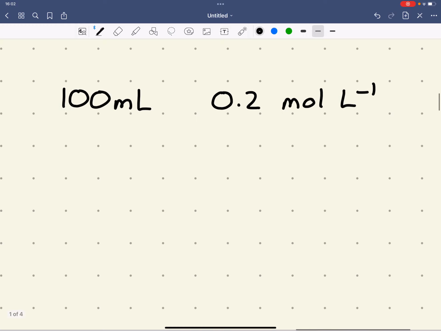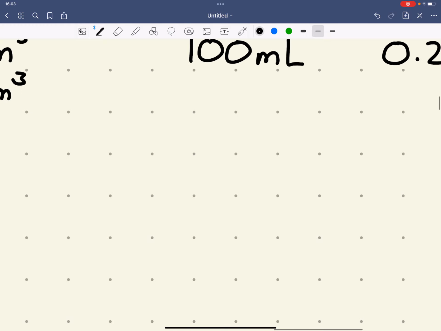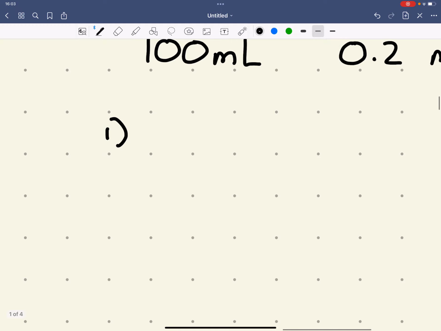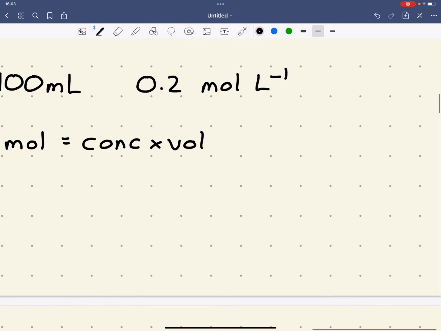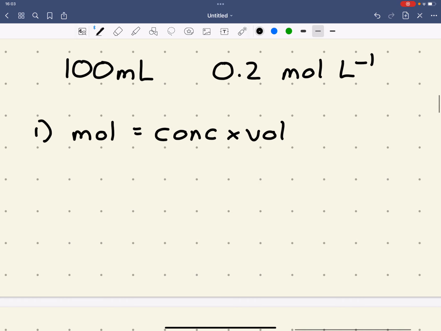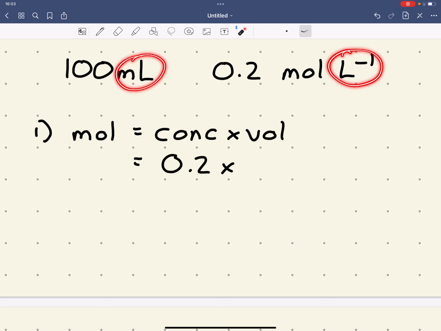And the first thing you would need to do in a question like this is work out the number of moles that we've got in that solution. And moles is equal to the concentration times the volume. So in this case, moles is going to be equal to 0.2 multiplied by the volume. Now the issue is we must make sure that these units are the same.